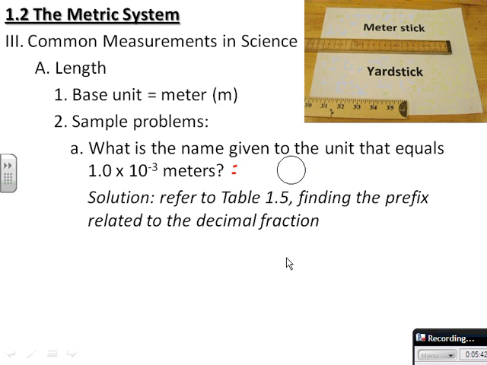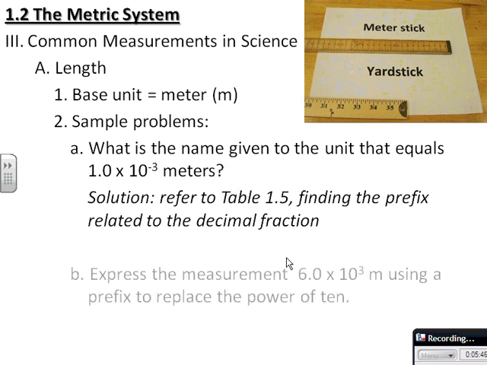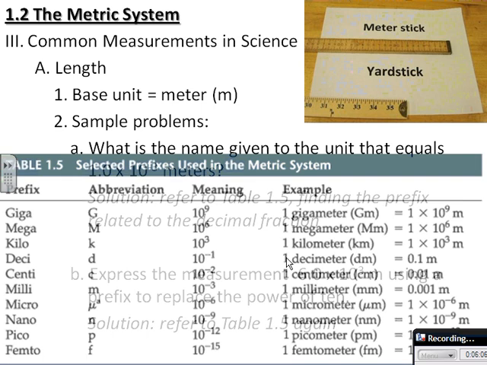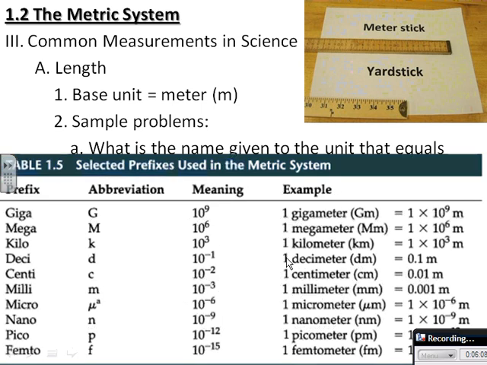Okay, well, we have another sample problem to pull up here, and it says this. Express the measurement 6 times 10 to the third meters using a prefix to replace the power of 10. So in other words, the number that we want to replace is times 10 to the third. So again, we go back to our table and look for times 10 to the third. And here it is.